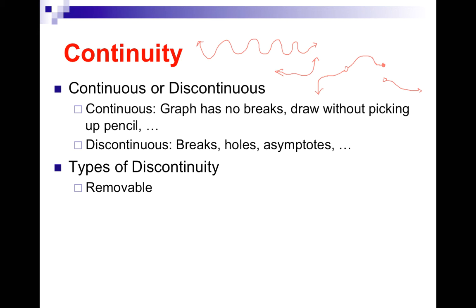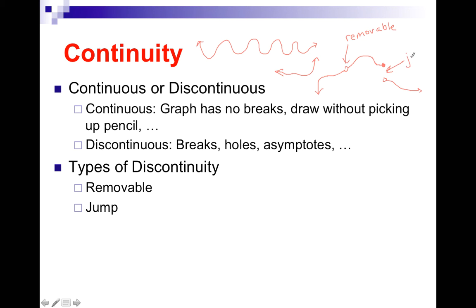The first one is being removable. This is a removable point of discontinuity. And it comes from factoring and canceling in a rational function. A jump discontinuity, kind of exactly what you would think.